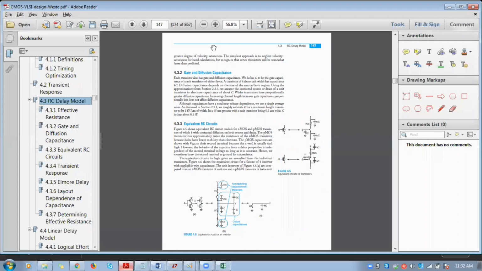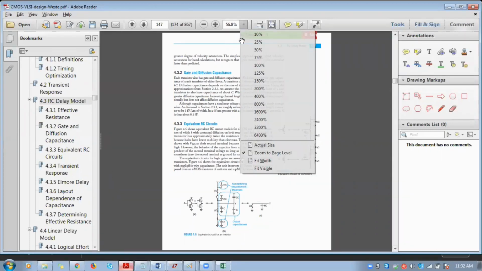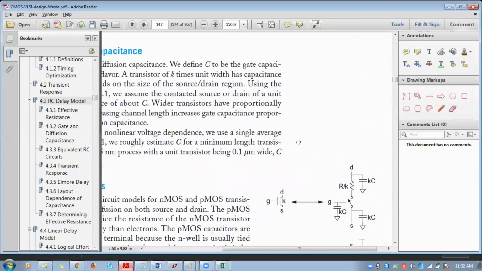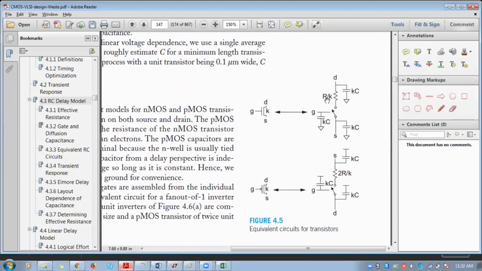If you see this equivalent circuit, here you will have R by K, here you will have 2R by K. In order to get the same output current, you have to equate those two resistance values in the case of CMOS and the other circuit, and we have to calculate.